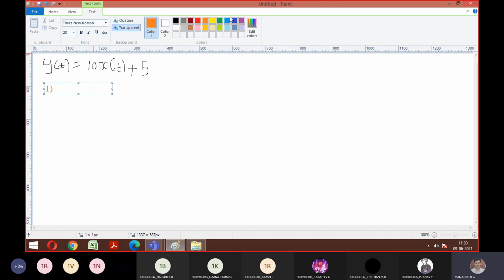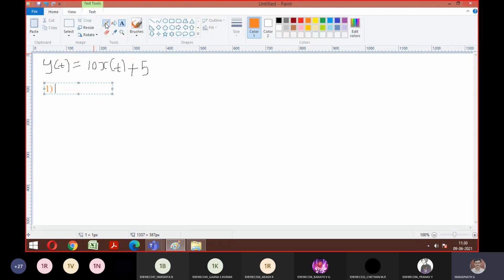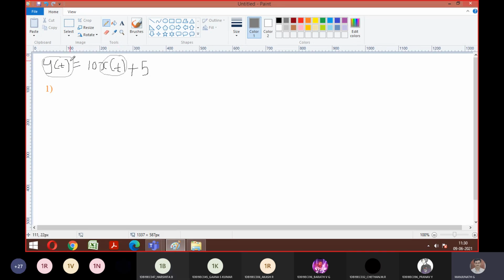Observe the output and tell me. Yes guys, how is the output depending? The output is depending on the present input only. Look at the output. This is the output and this is my input x of t. So your output is depending upon the present input x of t only. Agree everyone? Yes, sir.